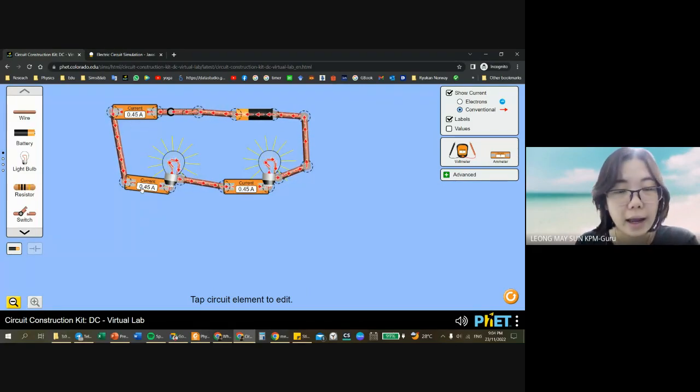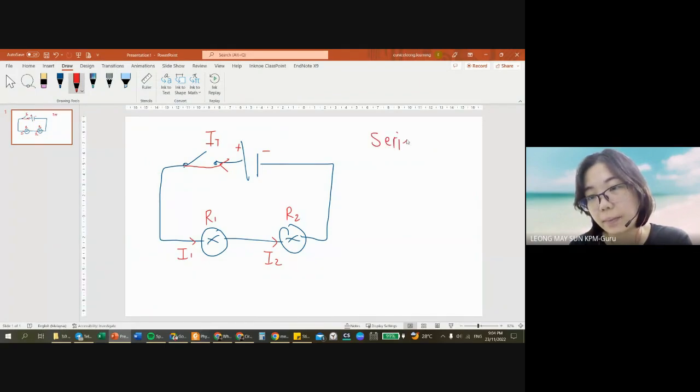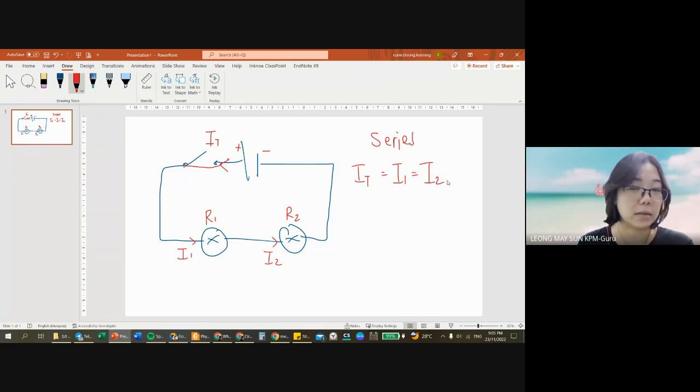The current that enters resistor 1 is 0.45 ampere also. The current that goes into resistor 2 is also 0.45 ampere. So the conclusion I can have for a series circuit is that the total current is equal to the current that passed through the first resistor, and is also the same as the current that passed through the second resistor. So that is for current.